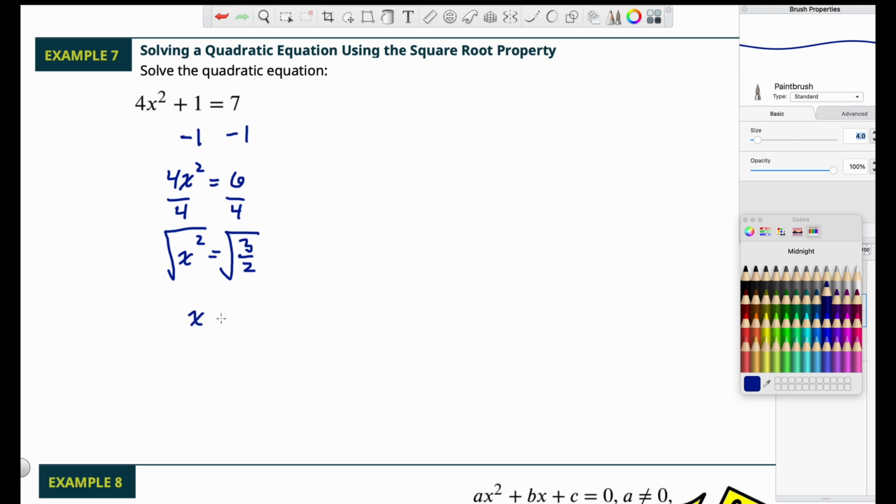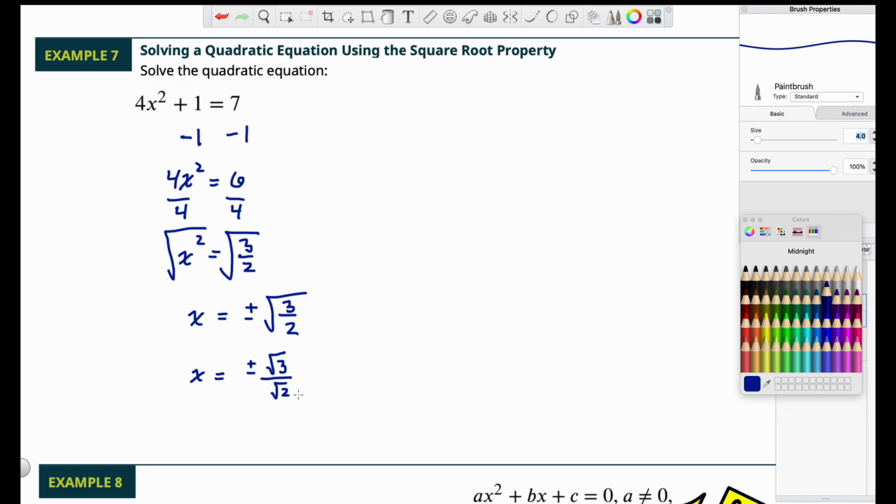That gives me plus or minus the square root of 3/2. Now we don't like having a radical in the denominator, so I'm going to rationalize that. We did this in a previous unit, so let's break this up here. I have plus or minus root 3 divided by root 2, the quotient rule of radicals.